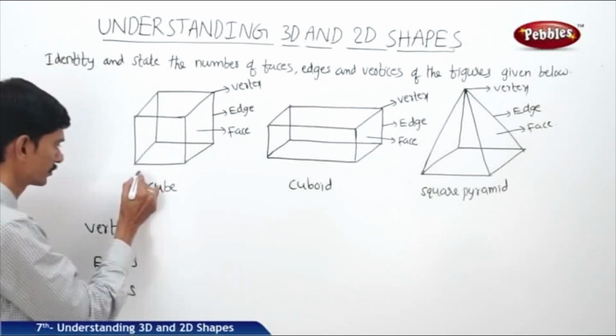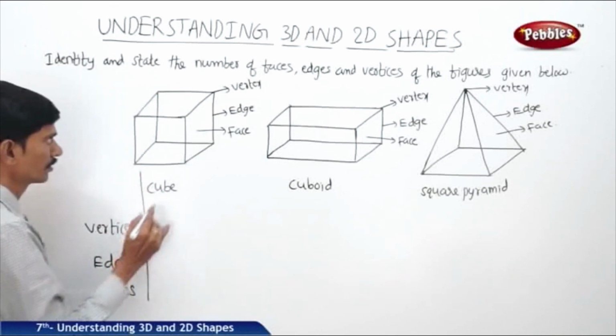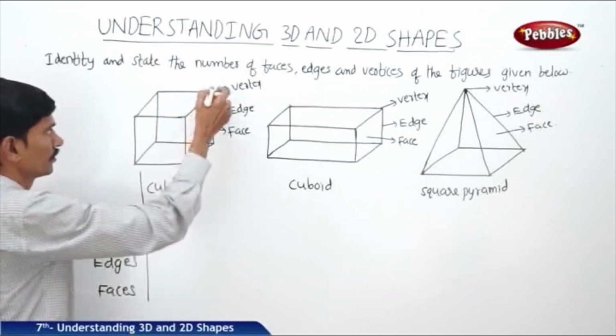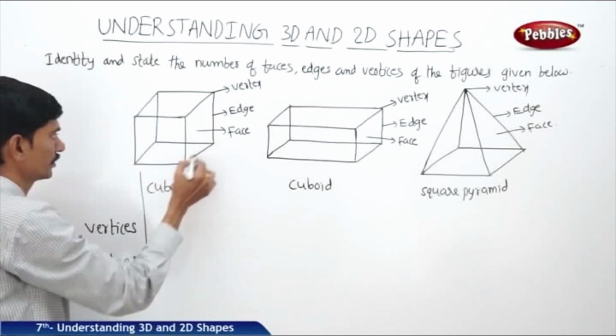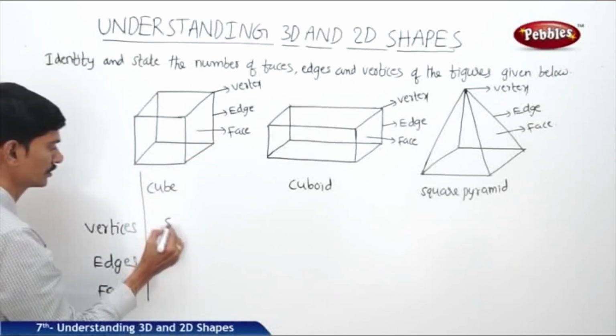So the first one, cube. Now there are 1, 2, 3, 4, 5, 6, 7, 8 vertices.